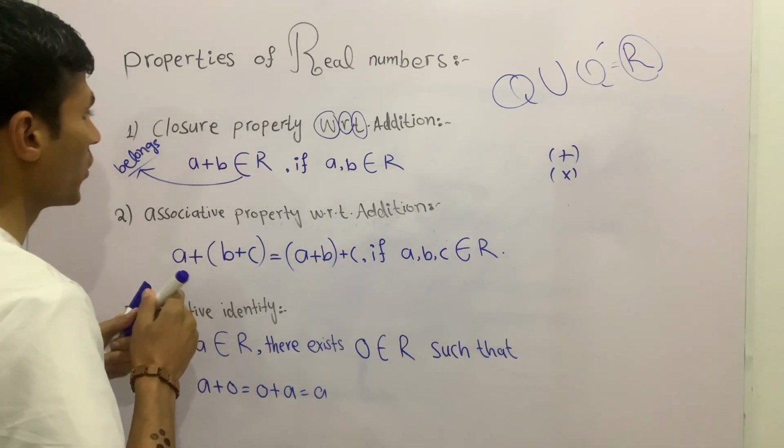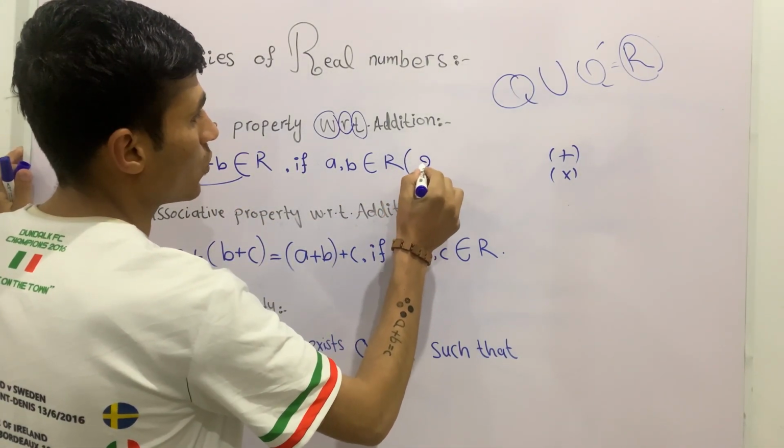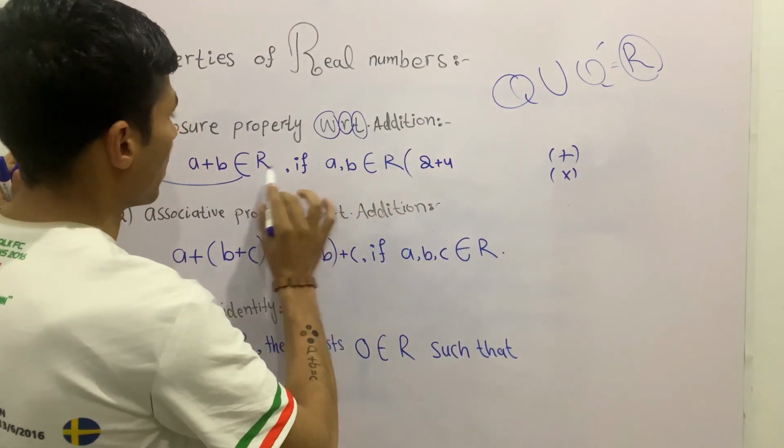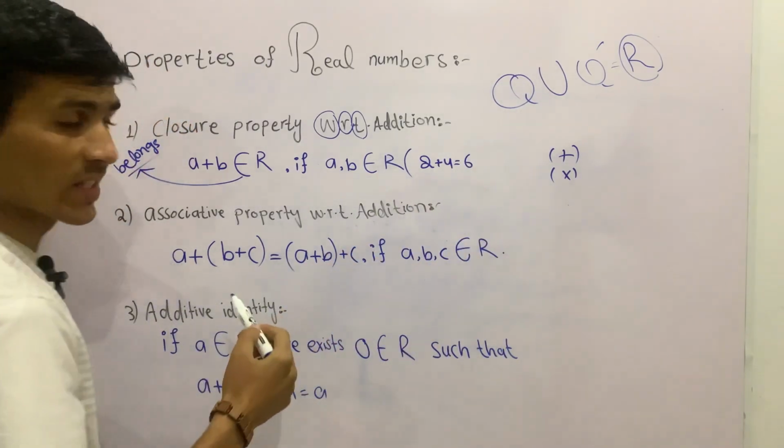Look here, pretend I'm taking an example: 2 plus 4 equals 6.